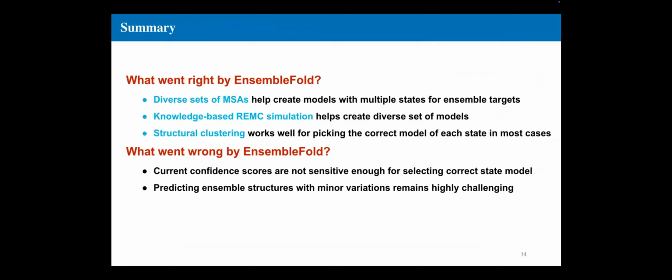The third is that the structure clustering program works very well for picking the model in each state. But there are still some challenging things in our ensemble fold, for example, the confidence score ranking problem. And another problem is predicting ensemble structures with very minor differences. This is still very difficult.